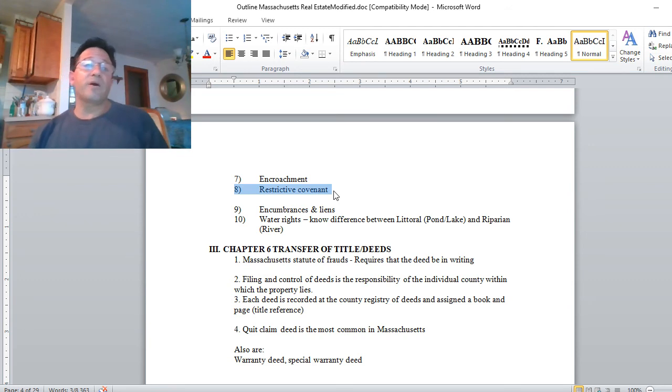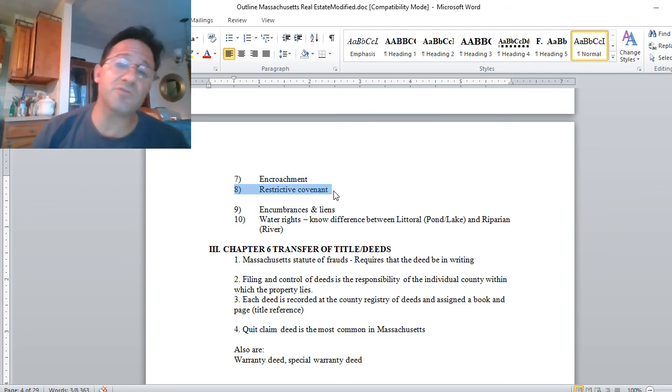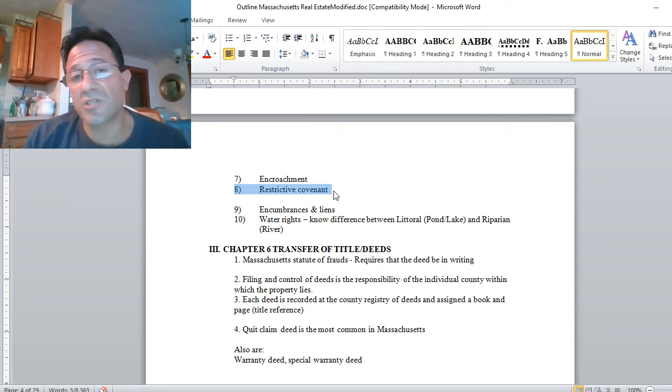They can't park any commercial vehicles out in front of the house. They can't have antennas or satellite dishes on the top of the houses. Those are restrictive covenants that are placed on the deed that can be enforced by the owners association or the developer if the property owner decides that they want to violate those restrictions. It's called a restrictive covenant.